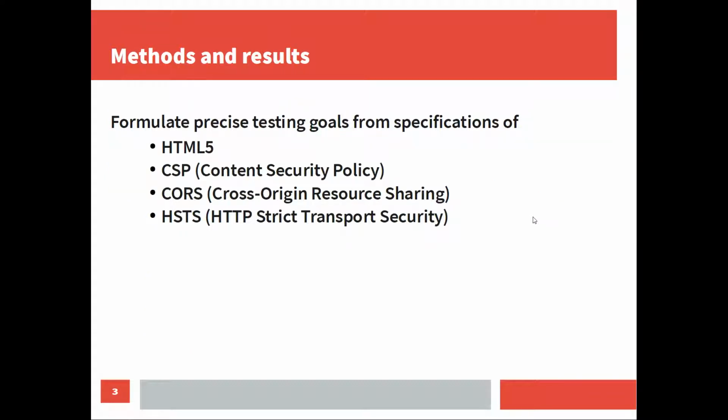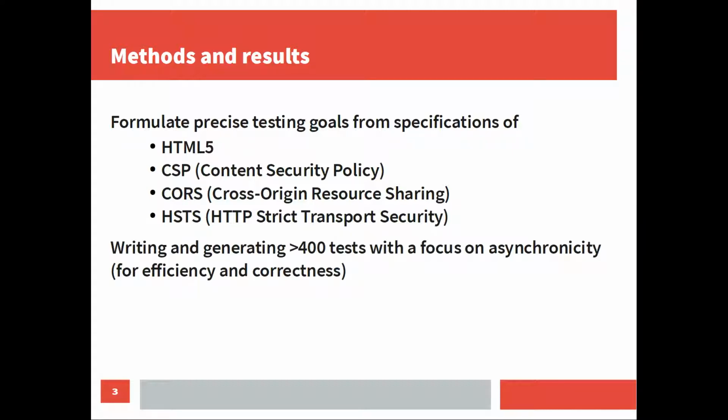And how did the authors achieve these goals? They started with carefully reading the specifications from HTML5, CSP, CORS, and HSTS, and from these formulated specific testing goals. With these goals, they wrote and generated more than 400 tests, focusing on asynchronicity over timeouts. First of all, these tests are more efficient.